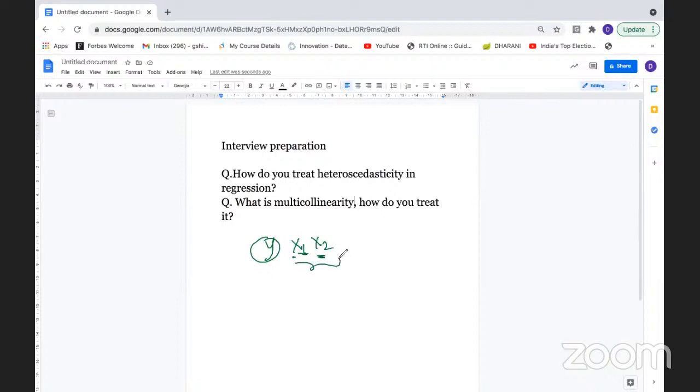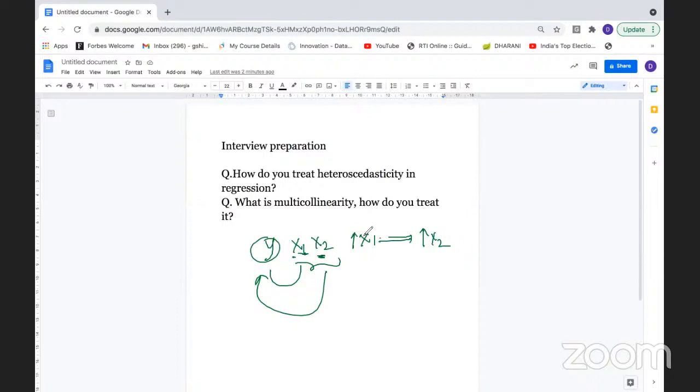Assume that x1 and x2 are highly correlated. So the effect of x1 on y is hard to distinguish from the effect of x2 on y, because any increase in x1 tends to be associated with an increase in x2 also. This is one way you can check it.